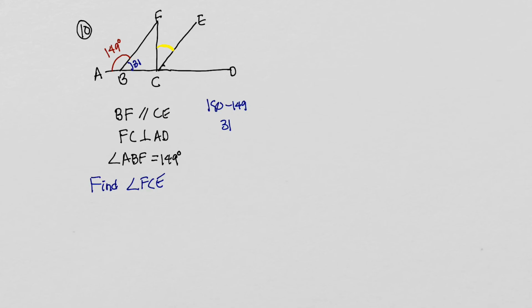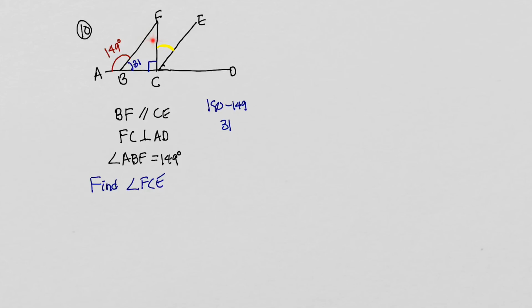Now we also are given that this angle right here is a right angle, because they tell us that this segment is perpendicular to this, so that must be 90 degrees. And now look at this triangle here, right here, here, and here. We know that the interior angles of a triangle add up to 180. So this number plus this number plus this number must be 180.